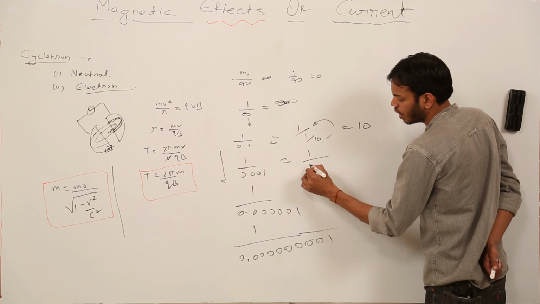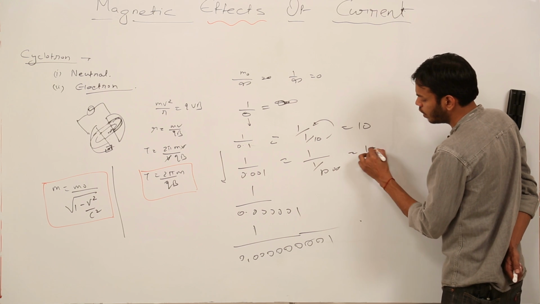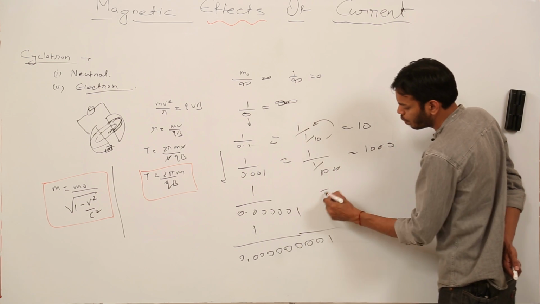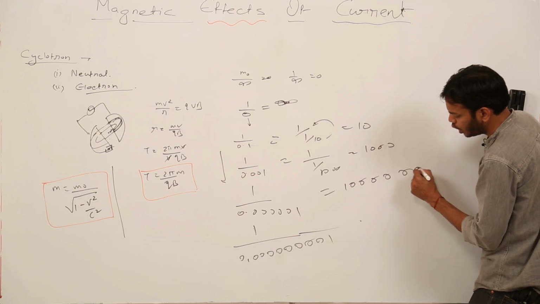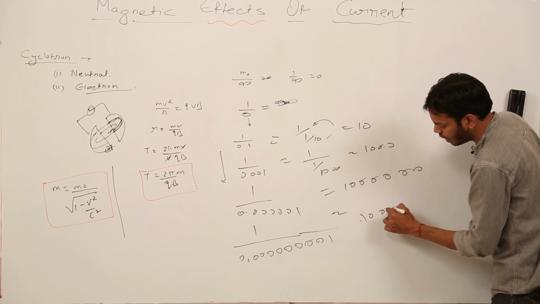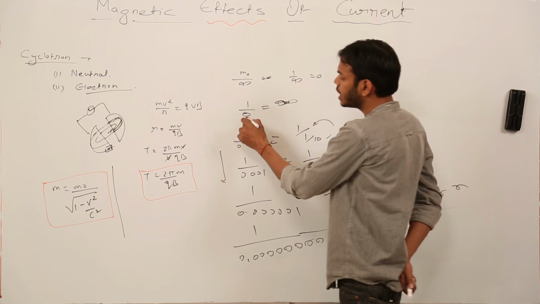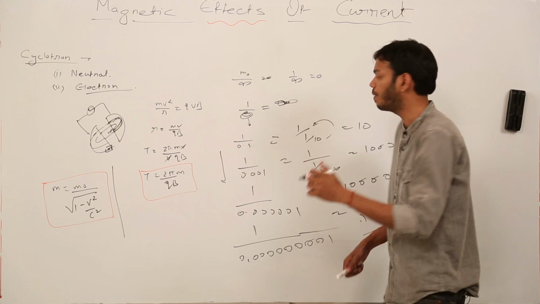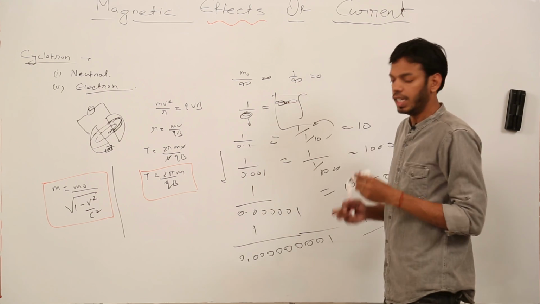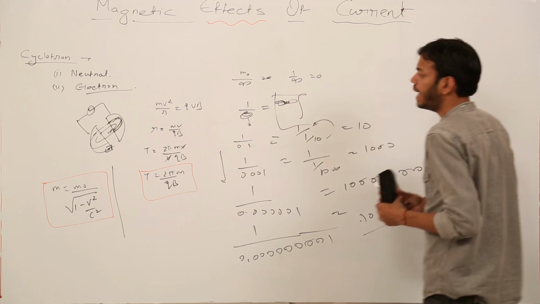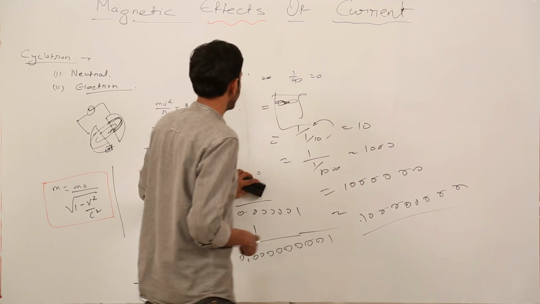This value is 1 upon 1 by 1000, which is equal to 1000. So the closer you go towards 0, your answer will keep on increasing. That means when you reach 0, your answer will be the maximum, which is infinite. So this is the logic behind why anything divided by 0 is infinite.